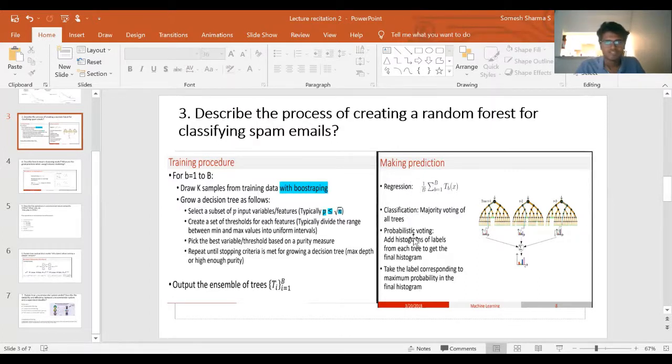Once it is ready, the next step is making predictions. As said in the presentation, the classification deals with majority voting of all trees. Majority voting means each email is voted on by all the trees as either spam or not spam.